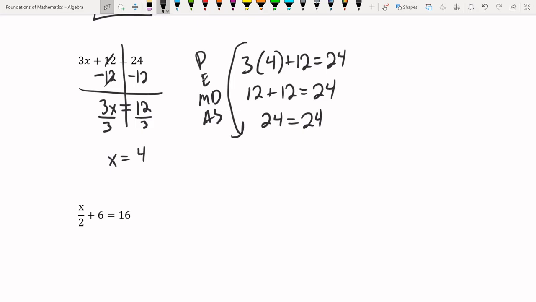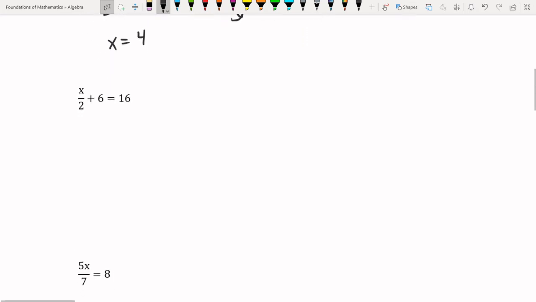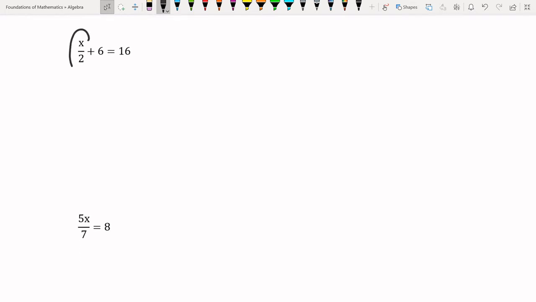All right. The next one, x over 2 plus 6 equals 16. Again, we want the variable term by itself, so I'm going to subtract 6 from both sides of the equation. You can draw the equation bar. It's kind of better if you don't, if you get in the habit of seeing that, but of course you can. It's just going to make it more work for you to do, but that's fine.